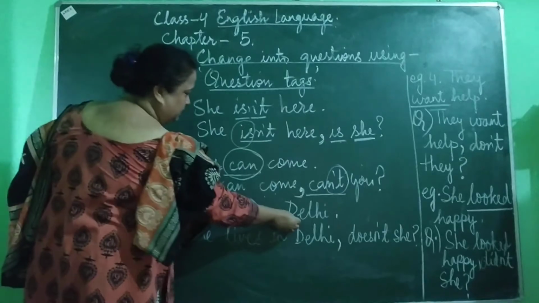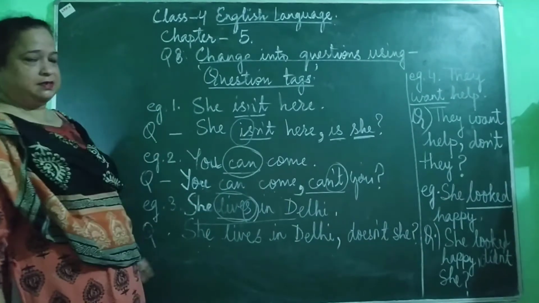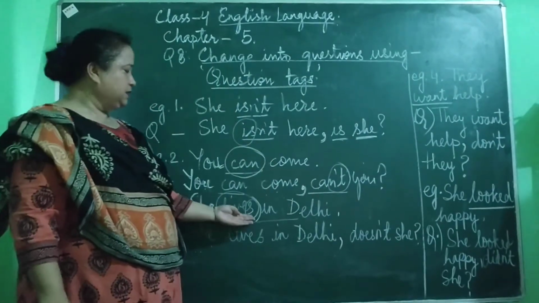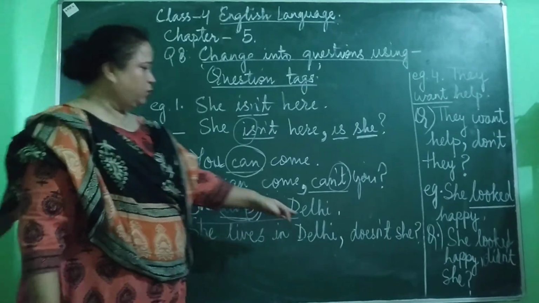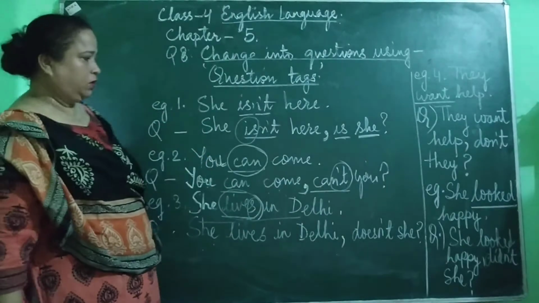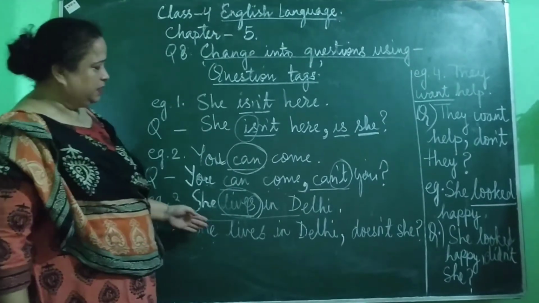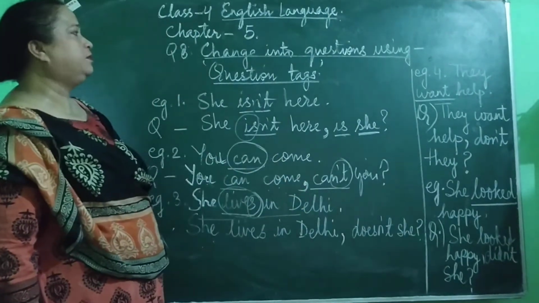So since the sentence is in the positive form, we copied the sentence as it is. We made a comma over here, and then since the main verb had an S, we wrote does, and we wrote the short form of not. So doesn't she? So what's my answer? She lives in Delhi, comma, doesn't she, question mark.